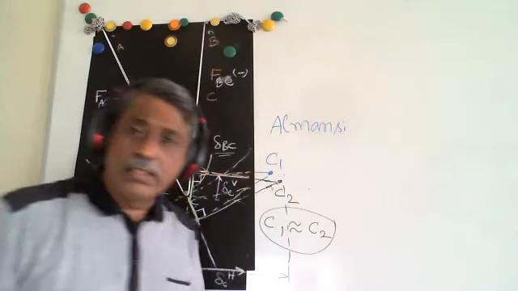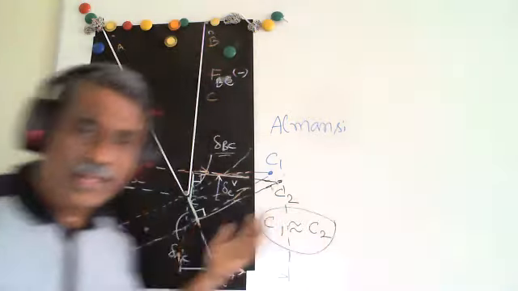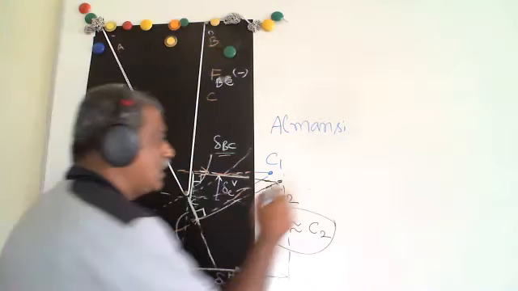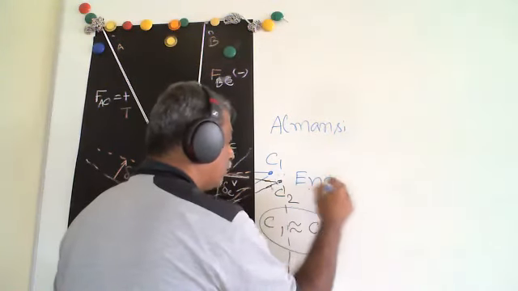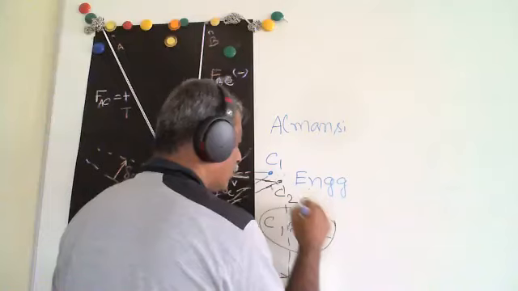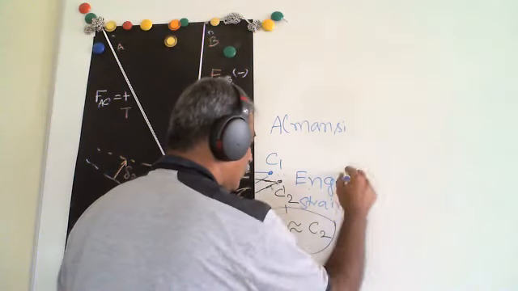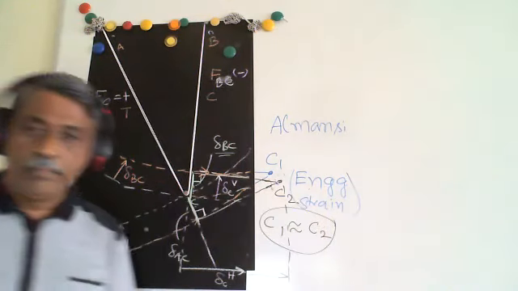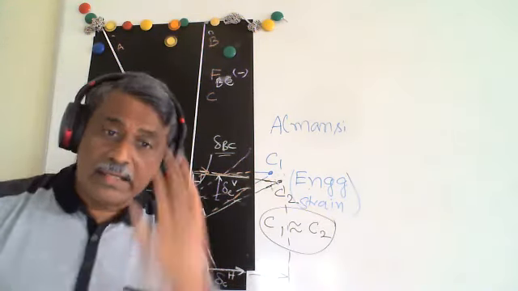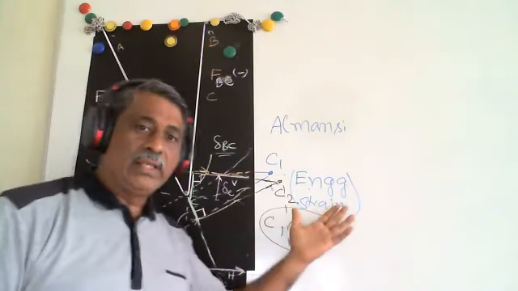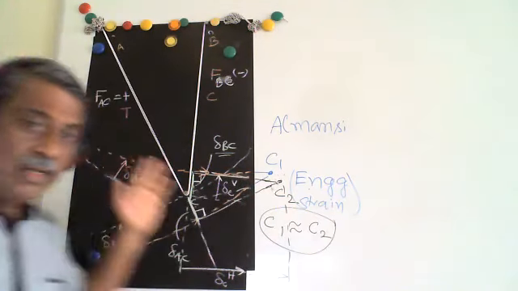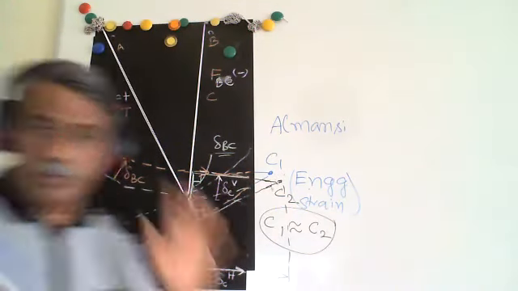Okay, sir, then what is this strain called? This strain is called the engineering strain. In Strength of Materials, unless I tell you, we'll be only using engineering strain, where these approximations hold good.